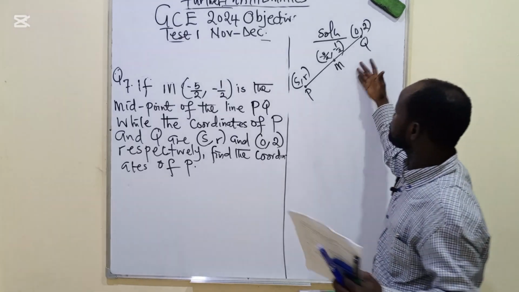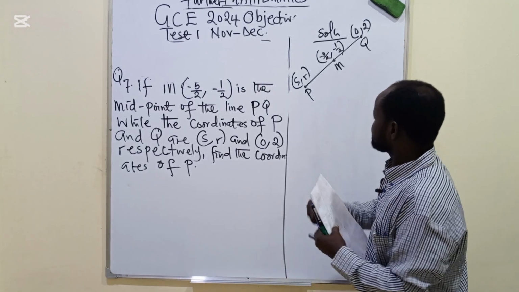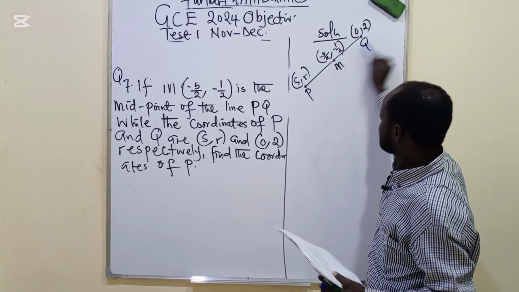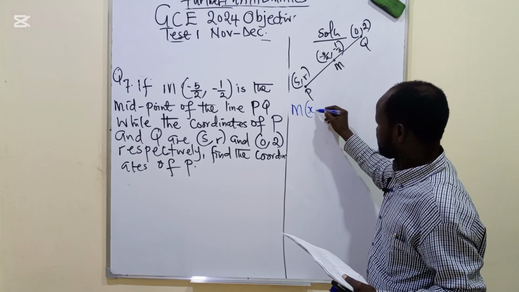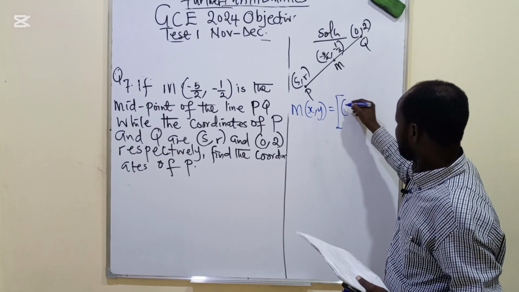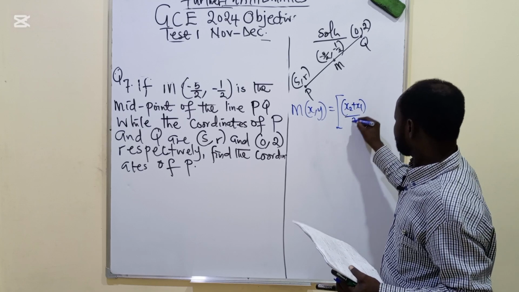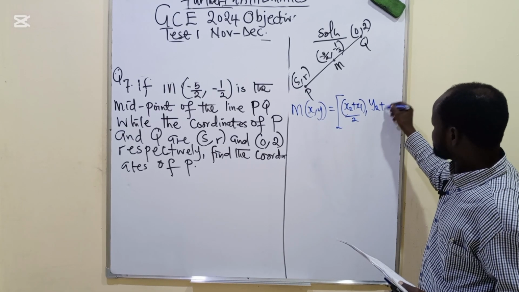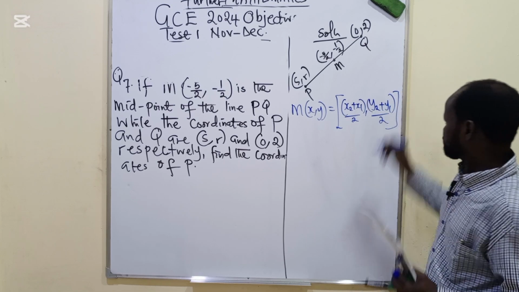The midpoint between 2 points, the midpoint of this line joining P and Q together, is given as M of X, Y will be equals to X2 plus X1 divided by 2, Y2 plus Y1 divided by 2, all in square bracket.